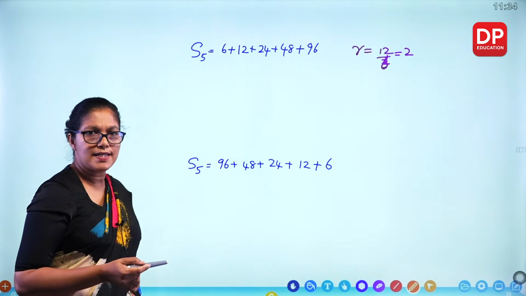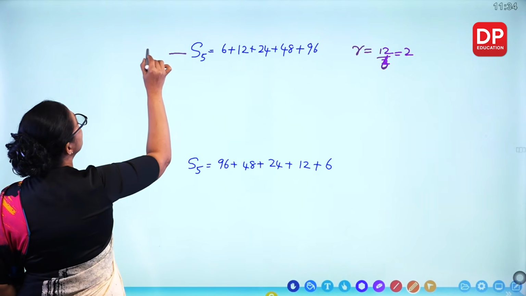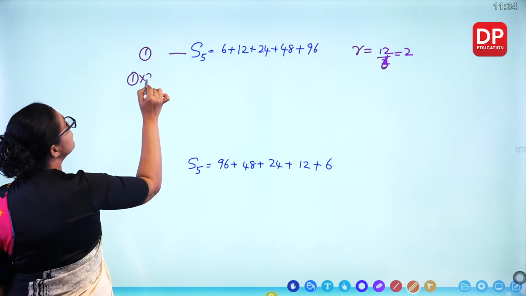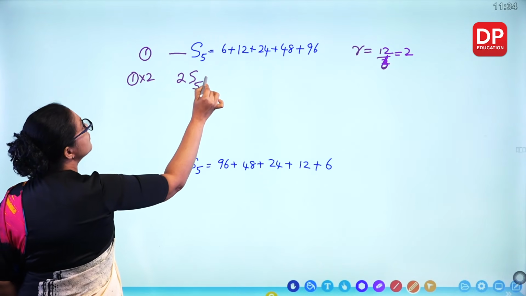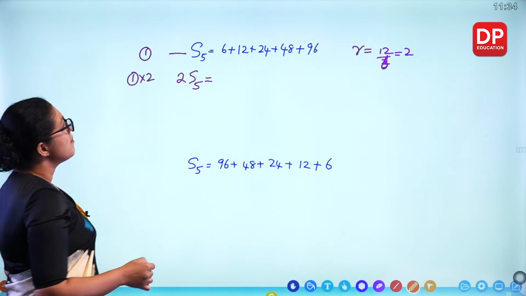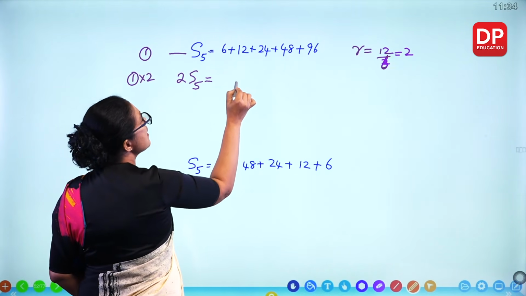And the first term is 6. I want to multiply this first equation by 2. What do you get? 2 times S5. When you multiply all terms by 2, 2 times 6 is 12.